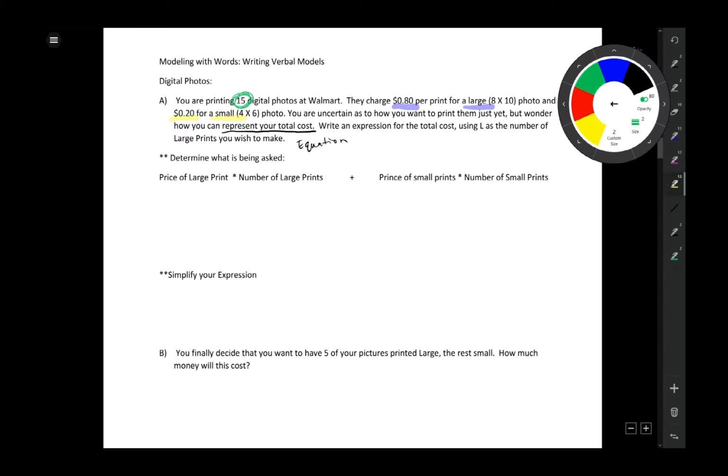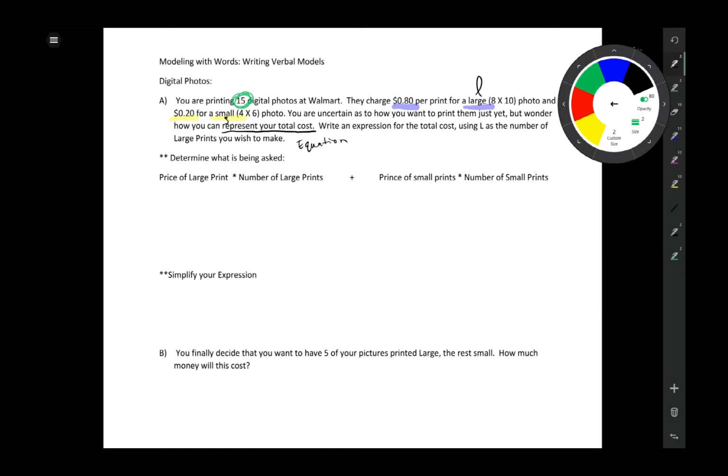So we know that our cost is going to have to deal with these 15 pictures. So let's let our large pictures be L, and let's let S be small.